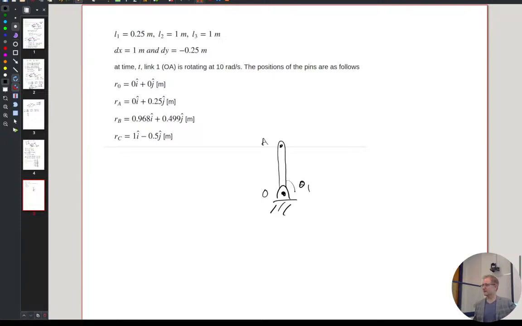Because it's along the y-axis, so its cosine is always going to be 0. Cool. And then RC, I'm going to put in RC next. Go over 1 and down by 1/2. So over 1, down by 1/2, like that. And now point B is basically 1 over and then up by 1/2. So over 1, up by 1/2, somewhere up here.